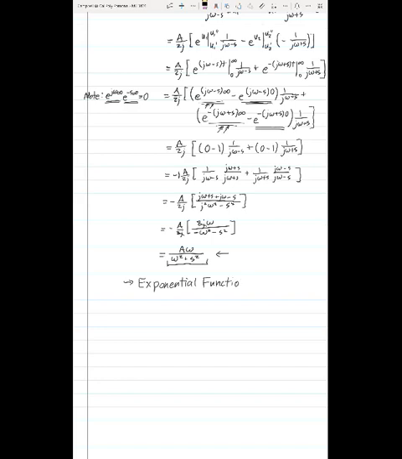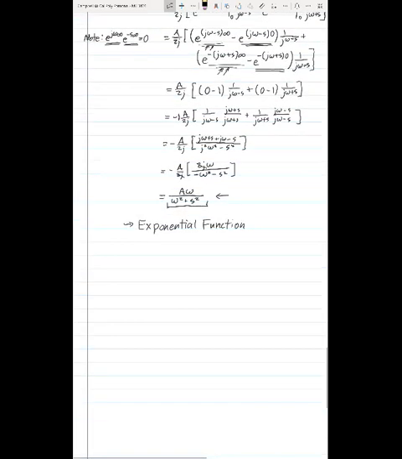So just like all of the other functions, for this single-sided Laplace transformation, we'll have our exponential function, and then our exponential function will take off from there.